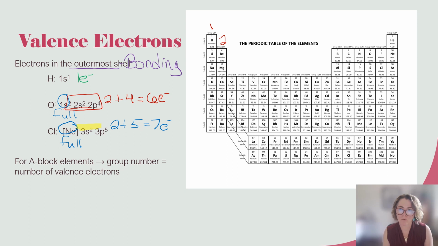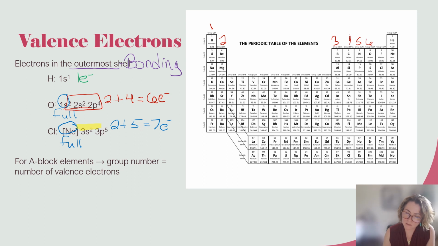For everything, now we're going to jump over, right? We did not talk about the transition elements. Those don't follow the same set of rules. So for everything in group 3, we have 3 valence electrons. For group 4, we have 4 valence electrons. For group 5, we have 5 valence electrons.